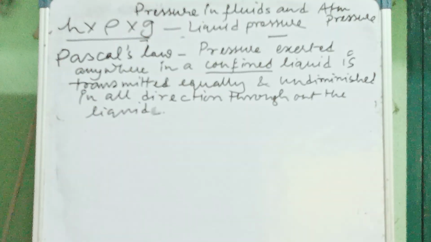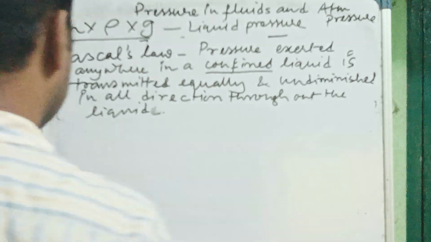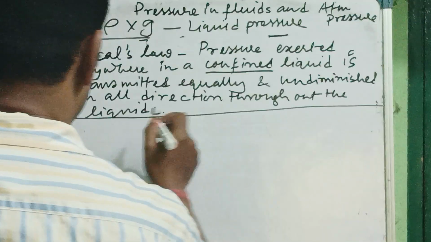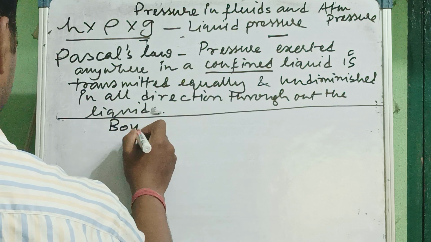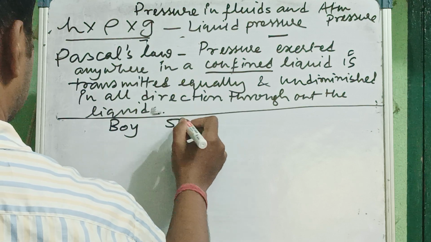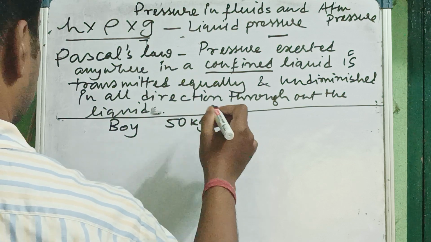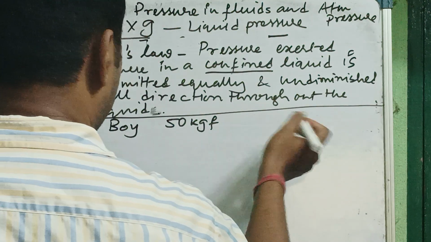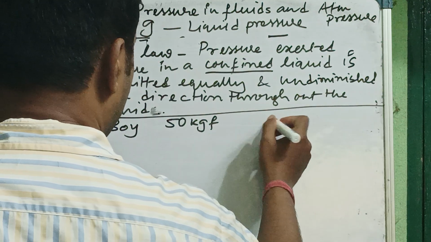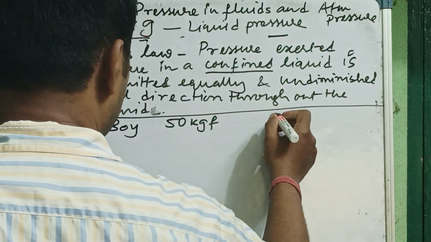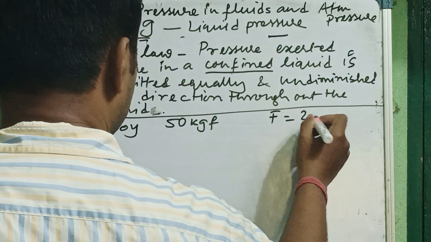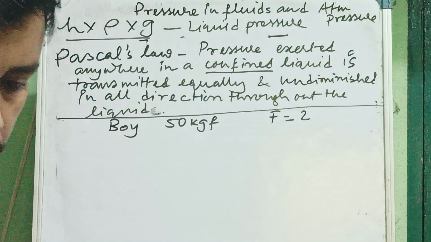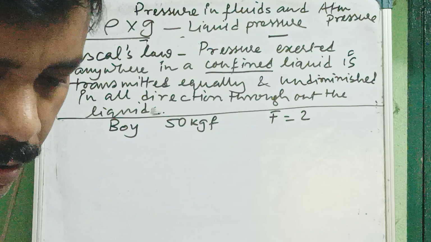A boy weighing 50 kg is wearing shoes with heels of area of cross section 20 centimeter square.